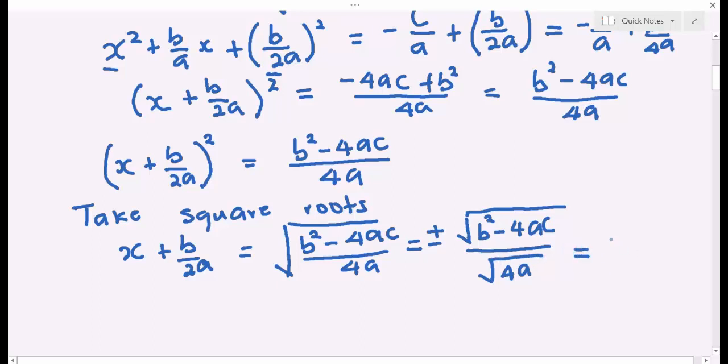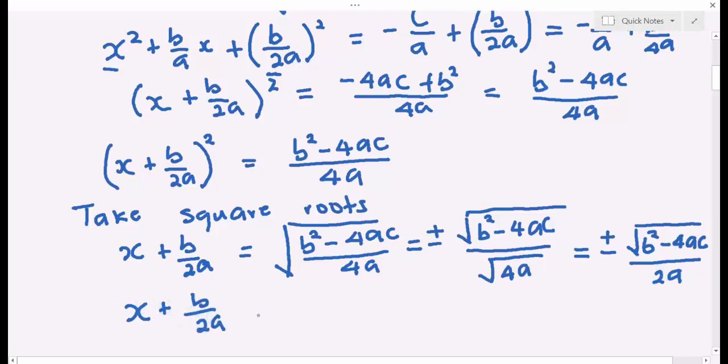So this will give us plus or minus the square root of b squared minus 4ac over 2a. We have x plus b over 2a is equal to plus or minus the square root of b squared minus 4ac over 2a.